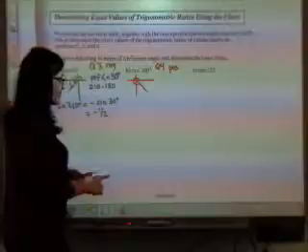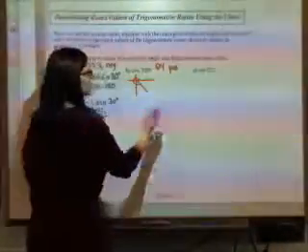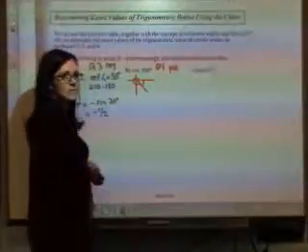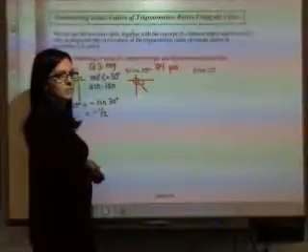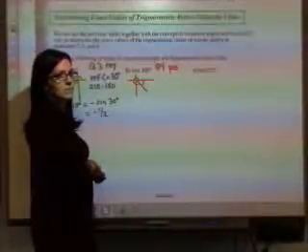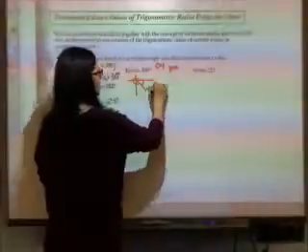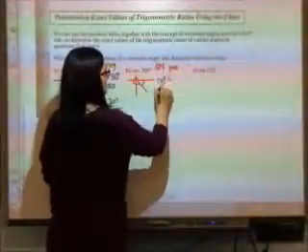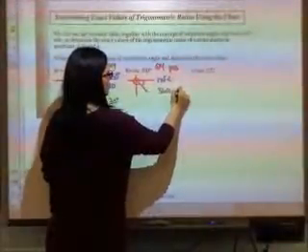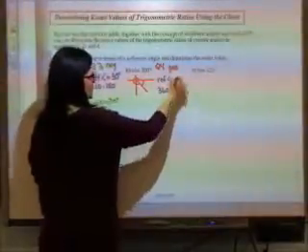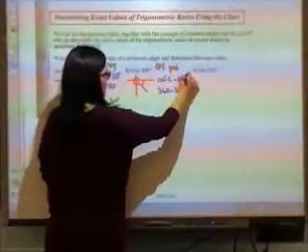So how do I figure out that reference angle? 360 minus 300 would give me 60 degrees.